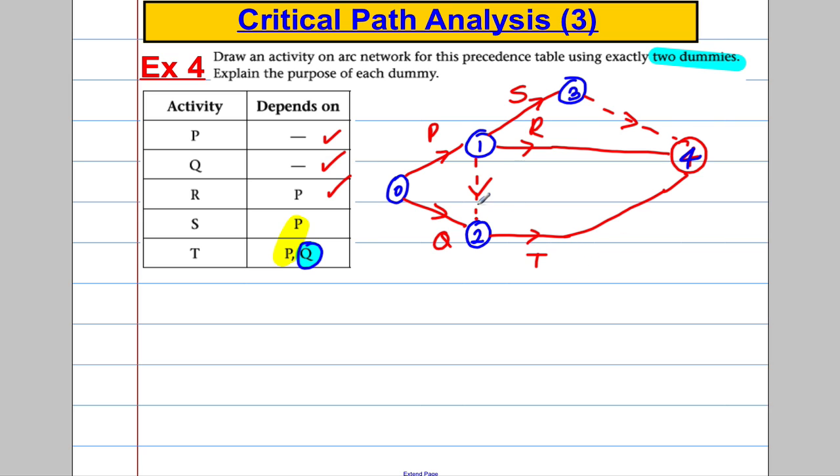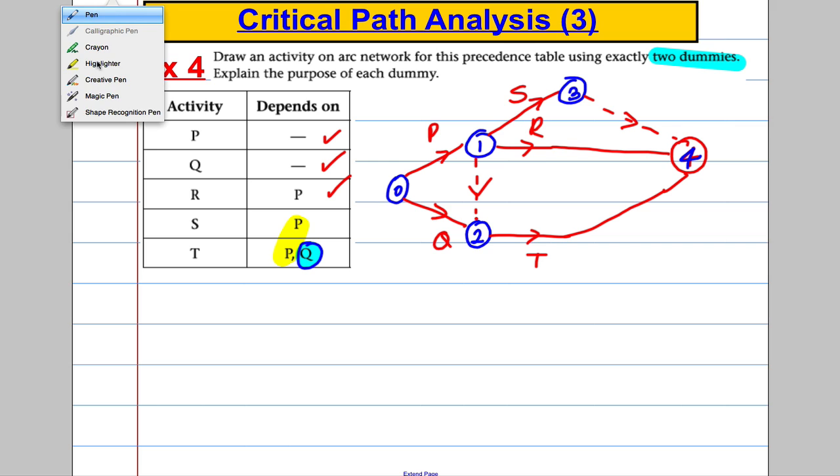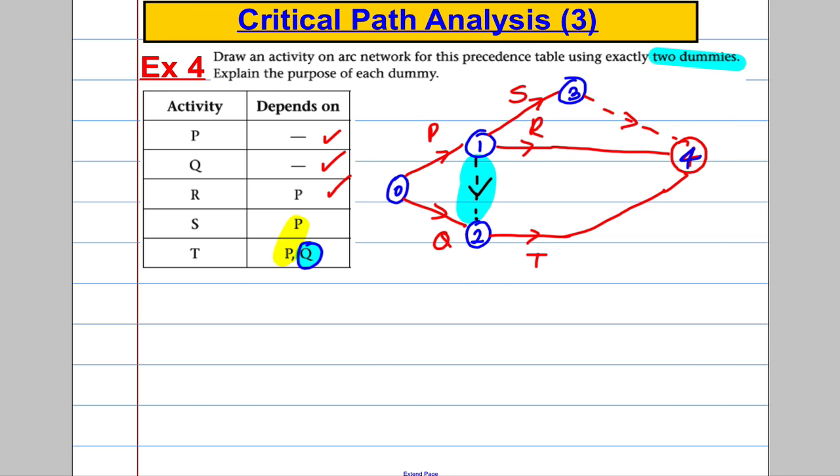Okay, so let's think why we needed each dummy. Firstly, let's think about why we needed that dummy there. We needed that dummy because T depended on Q and P, whereas S just depended on P. S and R depended on P, in fact.